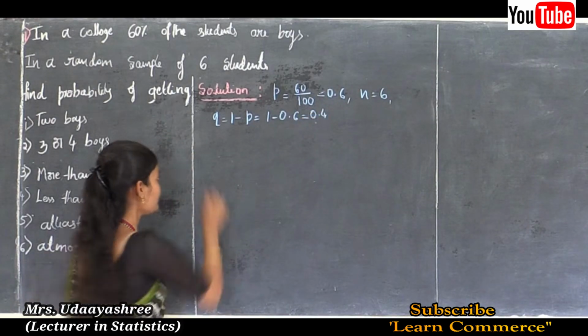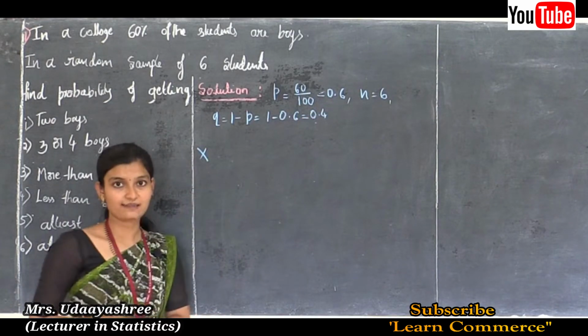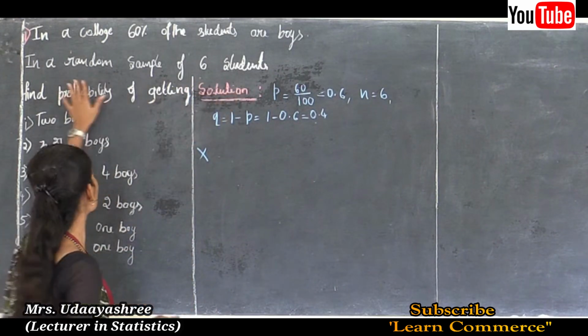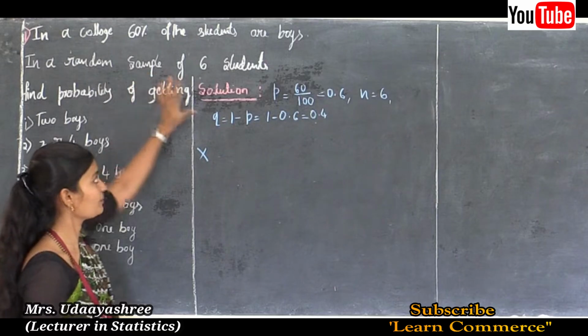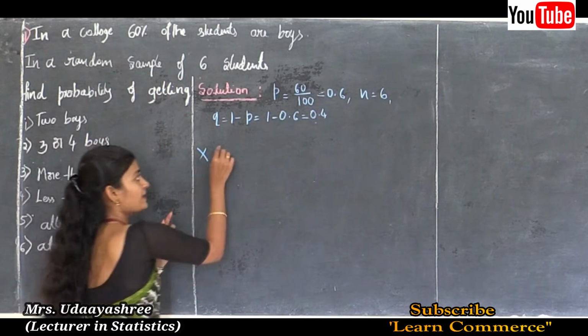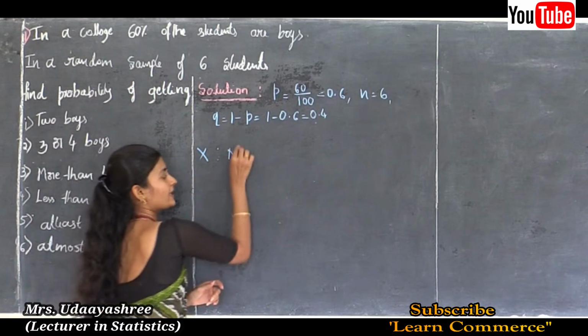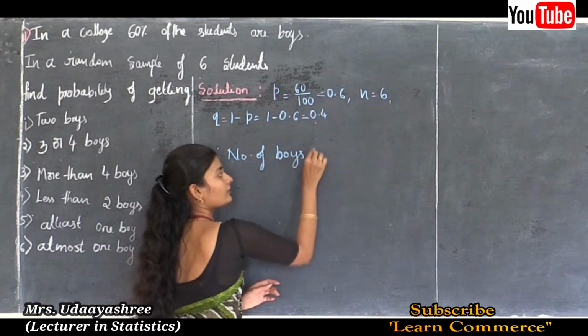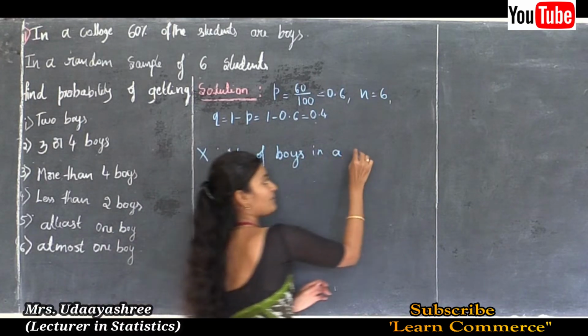Now we need to write x. Here x is the value of the variable, that is the number of boys in a random sample of 6 students.